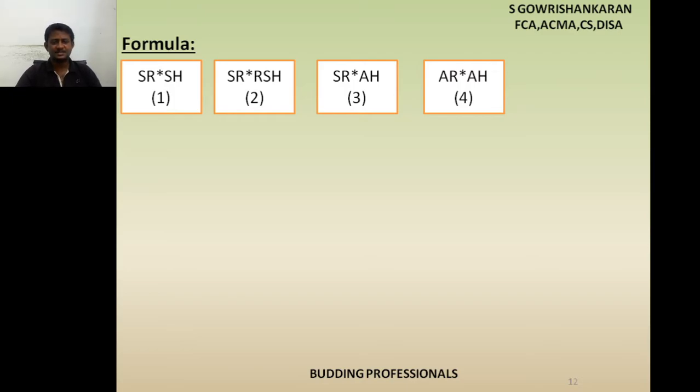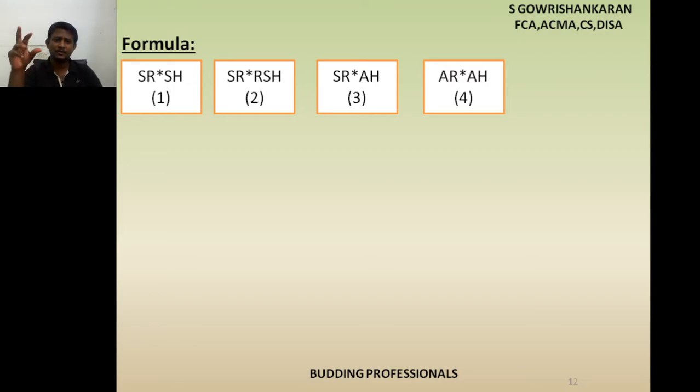Then SH, standard hours. Standard hours means standard hours for actual production. For the quantity you actually produced, as per my standard, what are the standard hours I should have spent? That is standard hours. Then SR, again standard rate, into revised standard hours. What is the revised standard hours? The standard ratio is given in the question.